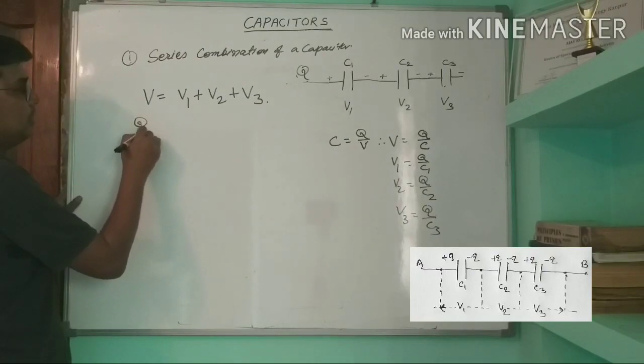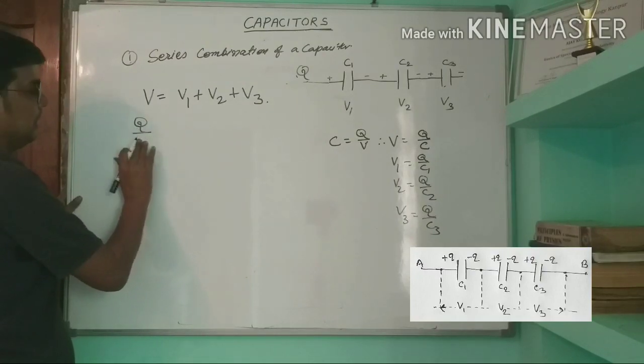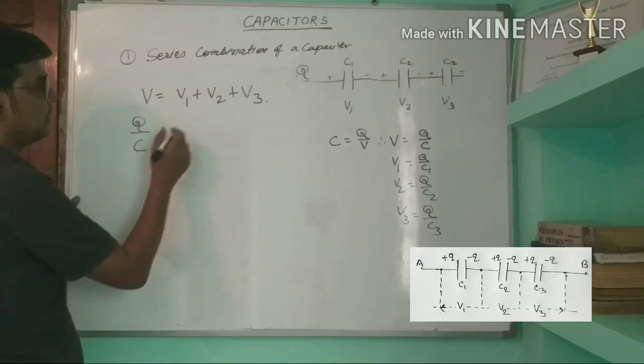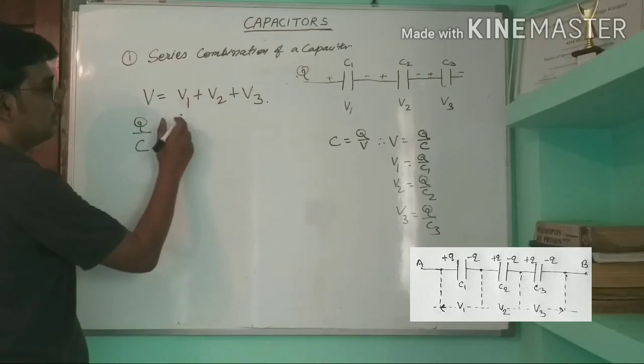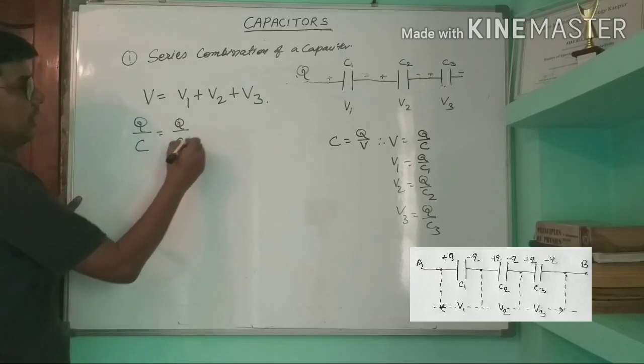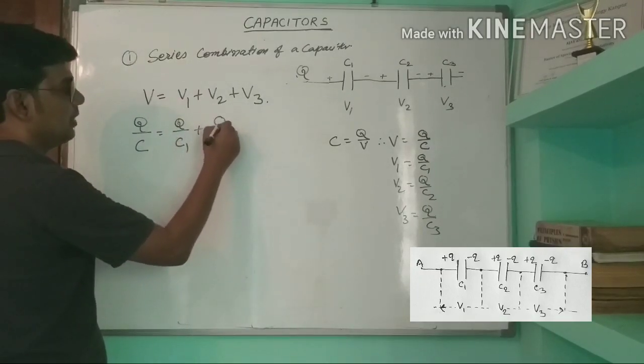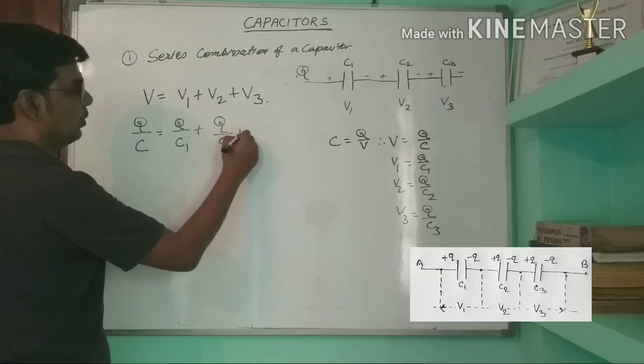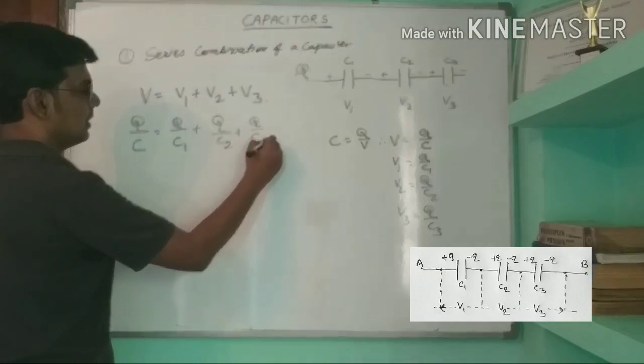So V will be Q by C, the total resultant capacitance, equal to Q by C1 plus Q by C2 plus Q by C3.